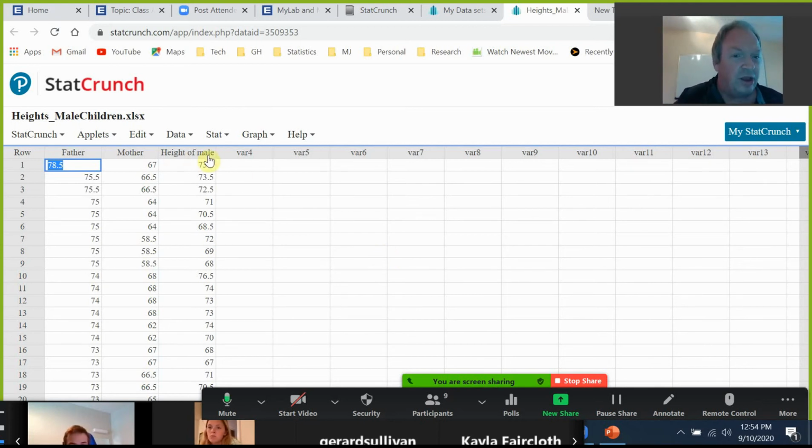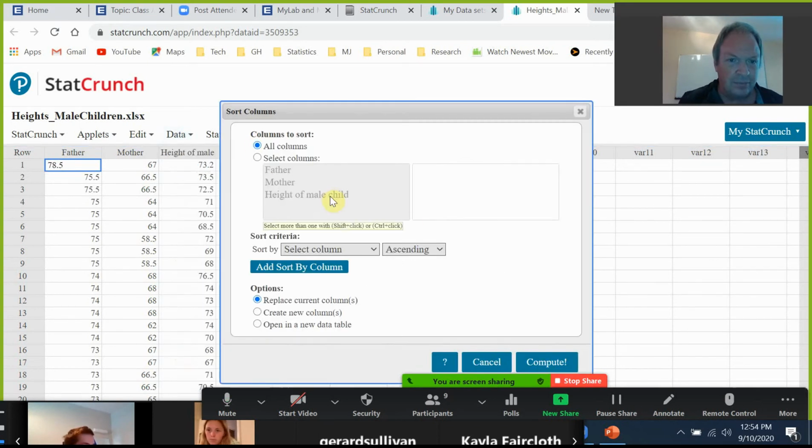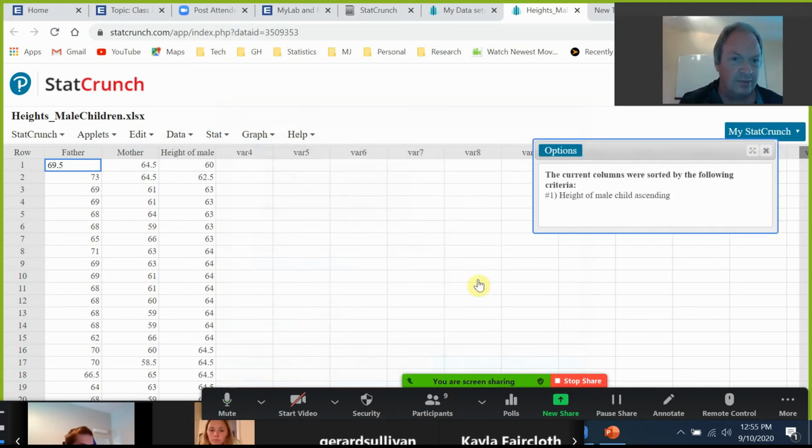So first thing I'm going to do, what's the first thing we do with a data set? Always. We look at it, right? We don't put it into a computer. We look at it. So I'm going to sort, okay? And we go ahead and choose the male child. That's what we're interested in, okay? And so this is the height of the male child.